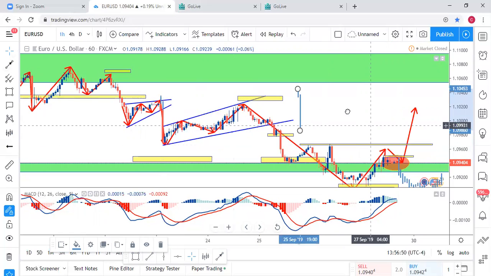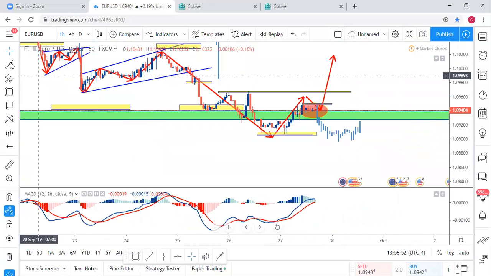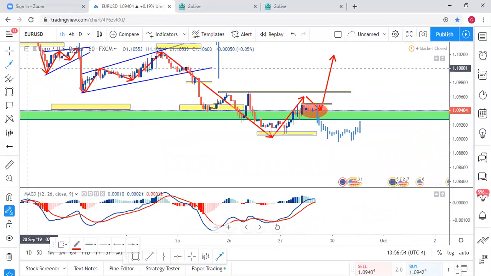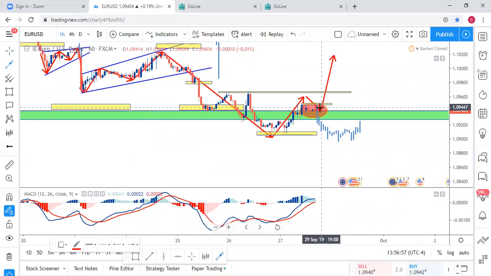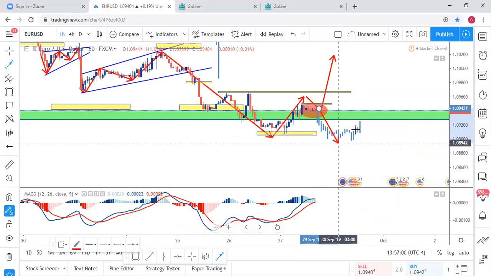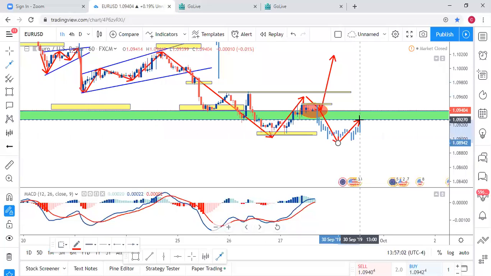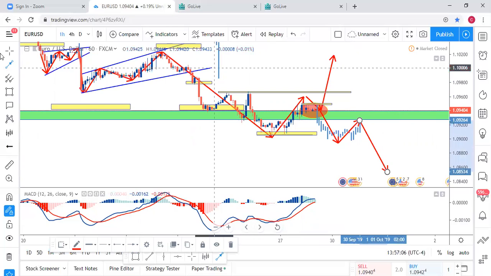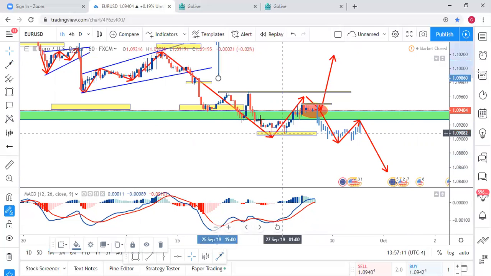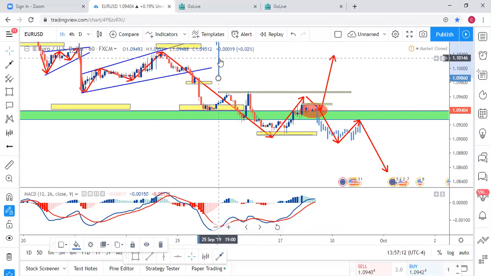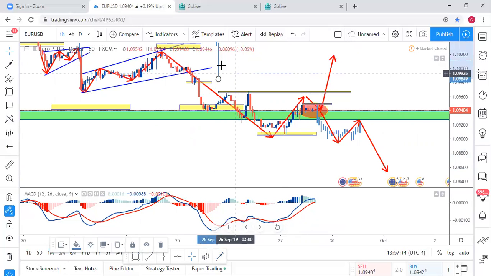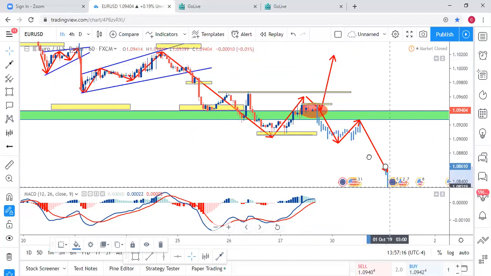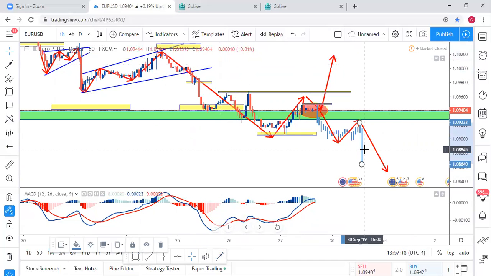So you're looking basically for the market to do this. Looking for the market to come down, break support, retest, and continue down, which will now give you your down move, which will be this, right?